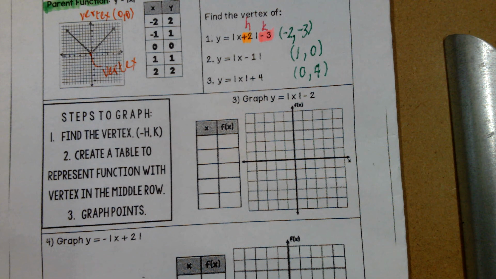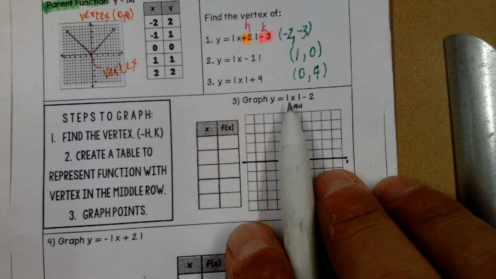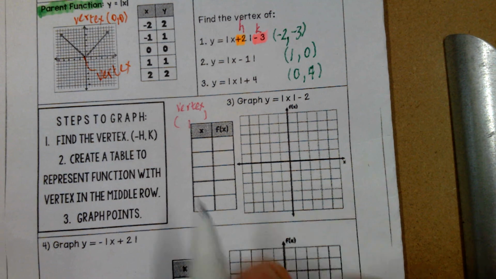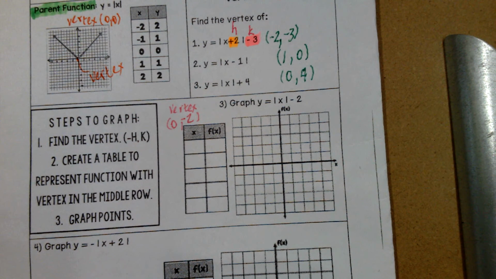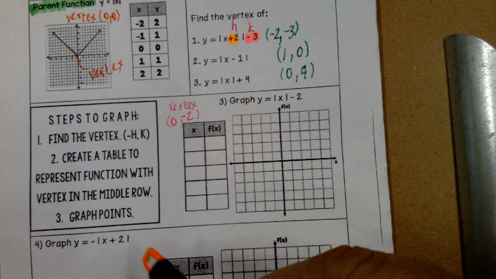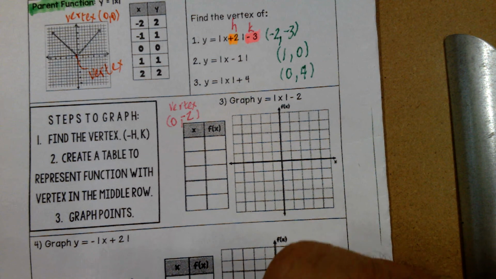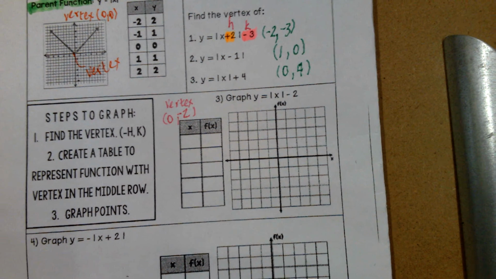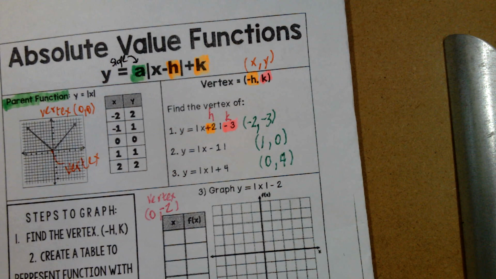So first thing we have to do is identify the vertex for this function. So here we go. So it's going to be 0, -2. Now, the location for that is going to be, we got 1, 2, 3, 4, 5. In this middle value here, we're going to put that in. Oops, did it for the wrong one.